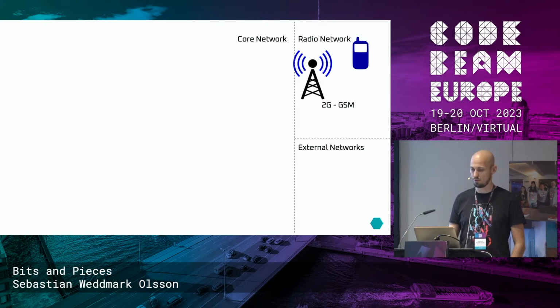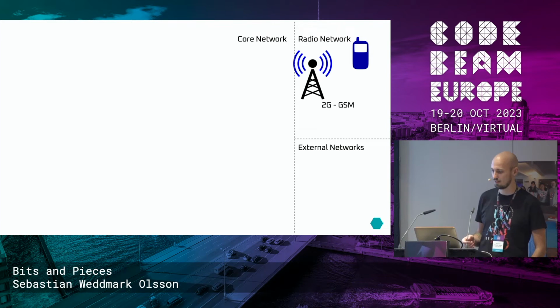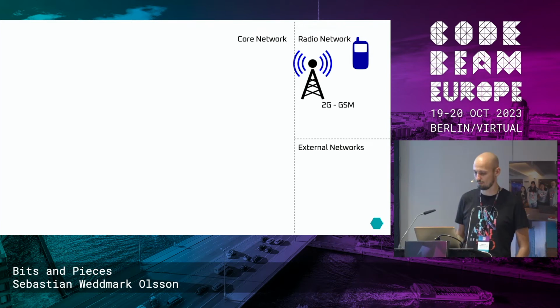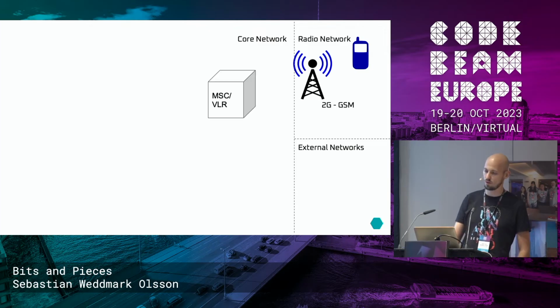It connects to some antenna, and in a radio network you usually have a lot of antennas because an antenna only goes so far geographically. So in your core network you need a node to keep track of all the antennas and the devices, which antenna they are connected to.